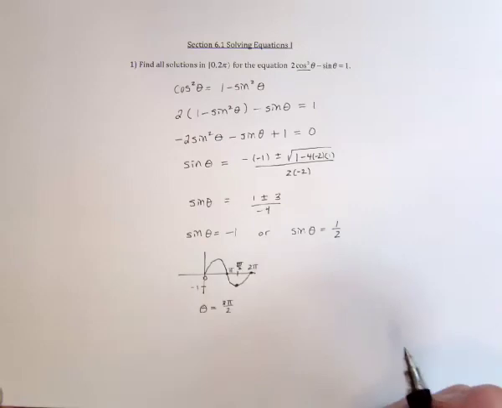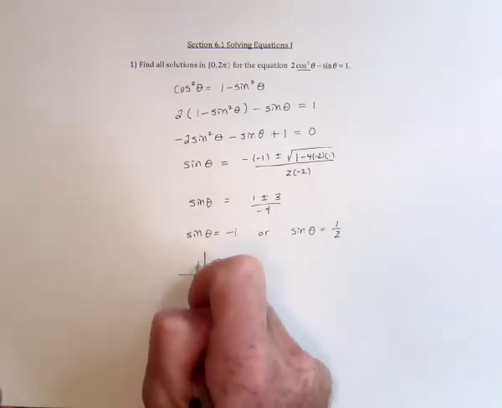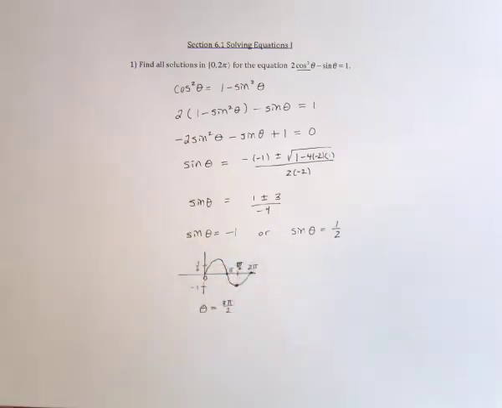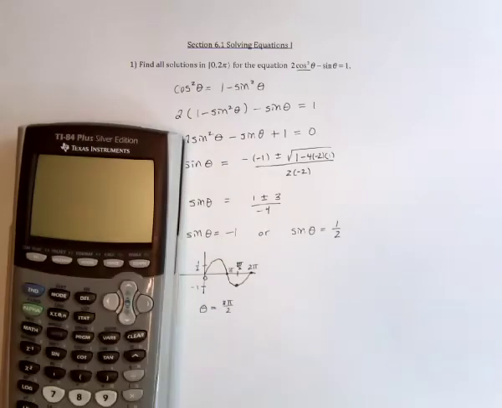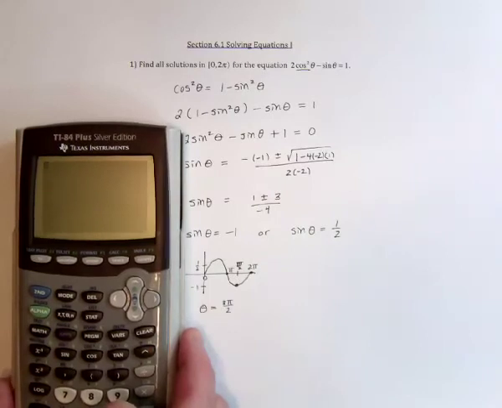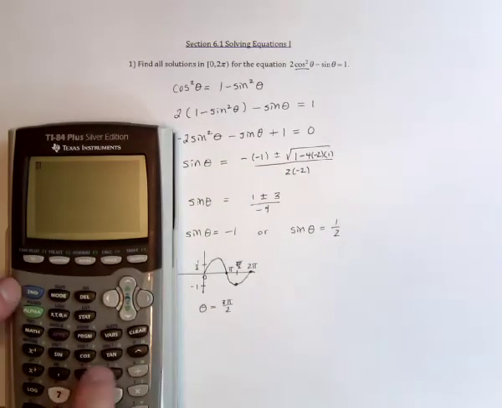And then when is sine equal to a half? Well, 1/2 is right here. And if we use the calculator to find out sine inverse of 1/2, it turns out to be this decimal.